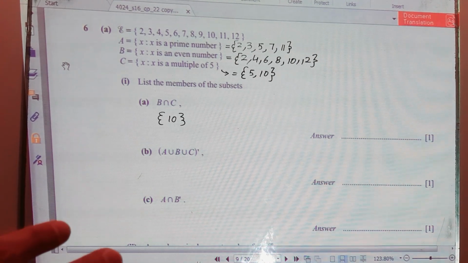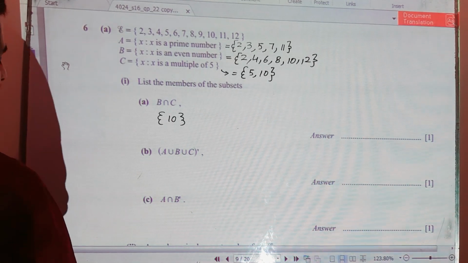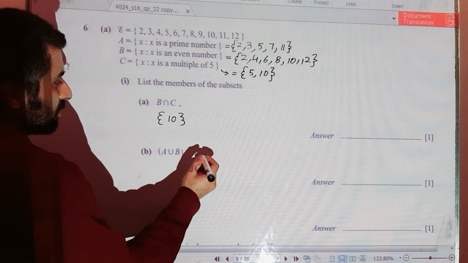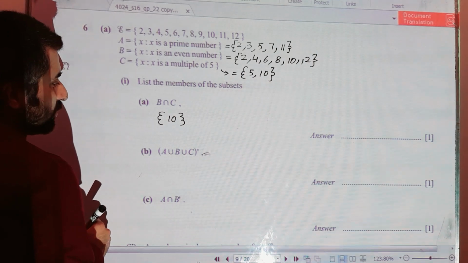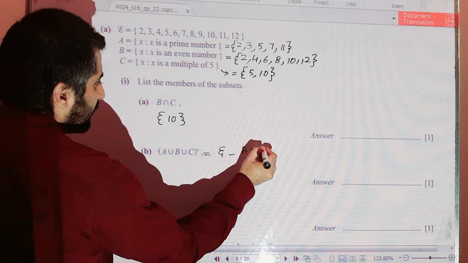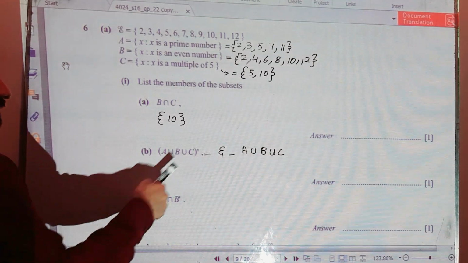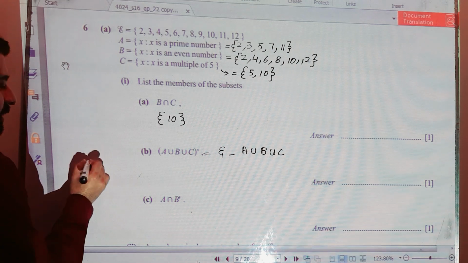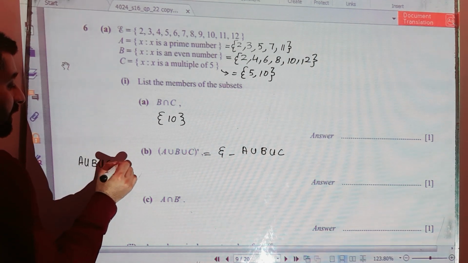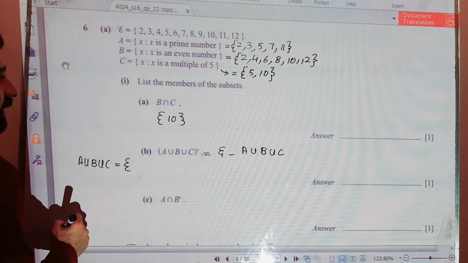The next is to write down the answer for A union B union C whole complement. The complement of A union B union C means the universal set minus A union B union C. First of all, you need to find A union B union C. That means the elements of A, B and C are to be written in one set.